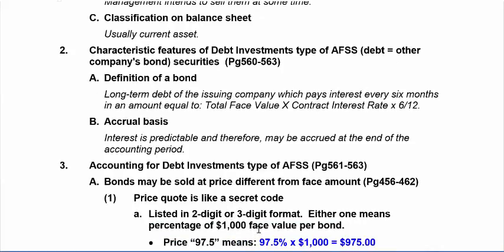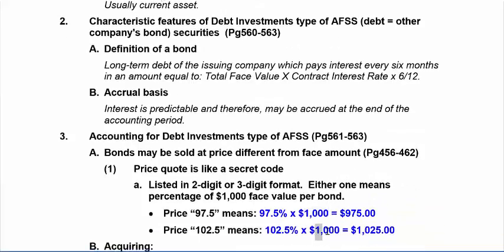Either the price is below the face value of $1,000, in which case it's a discounted bond, or the price is above the face value of $1,000, in which case it's a bond being sold at a premium. So 97.5 really means 97.5% of $1,000, or $975 for each bond. 102.5 means 102.5% of $1,000, or $1,025 per bond.